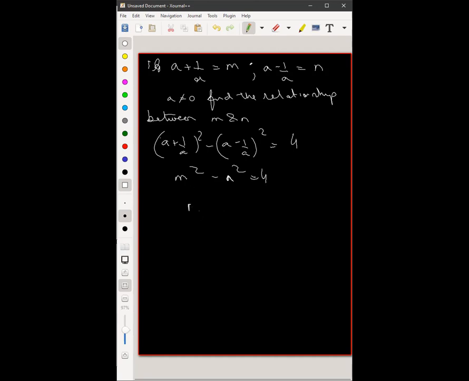What happened to the square over here? We have n square. m minus n whole square is equal to 4. No, we have m square minus n square is 4. Now what?